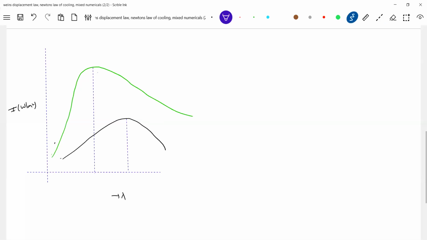Okay, let the temperature of this body be T1 and the temperature of this body be T2. Can you say anything about the temperature of the bodies? Which will be greater, lambda 2 or lambda 1? Two different bodies. I'll better write it like this: A2 and E2 not equal to E1.